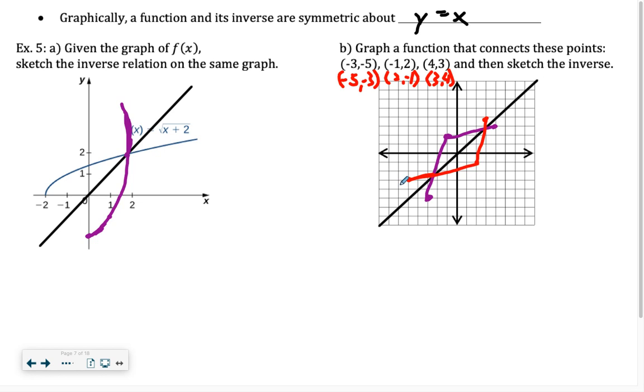Another way to look at this graphically is that the distance from each point to the line y equals x should be exactly the same as the distance from the inverse. Here we can see that those distances are exactly the same. Same here. So a function and its inverse are just reflected across the line y equals x.